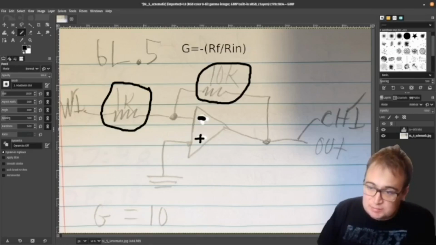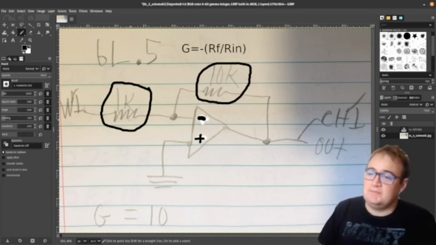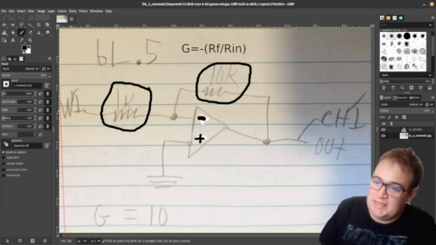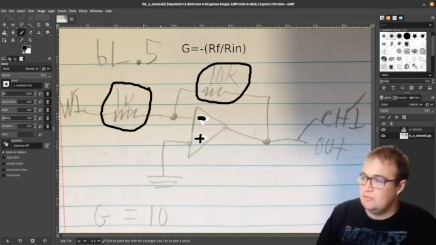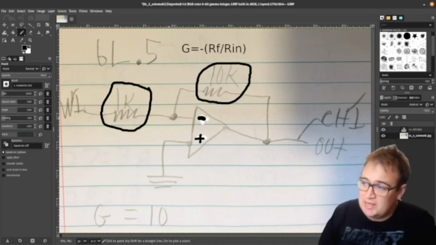The reason we'd expect that is simple. Let's take an example. Assume we're applying 1 volt here. Now we know that this pin here must be at 0 because of our golden op-amp rules, and we're assuming it's a perfect op-amp.